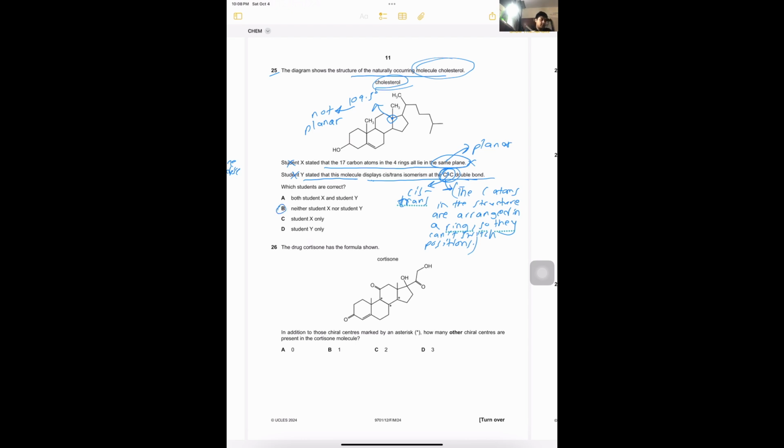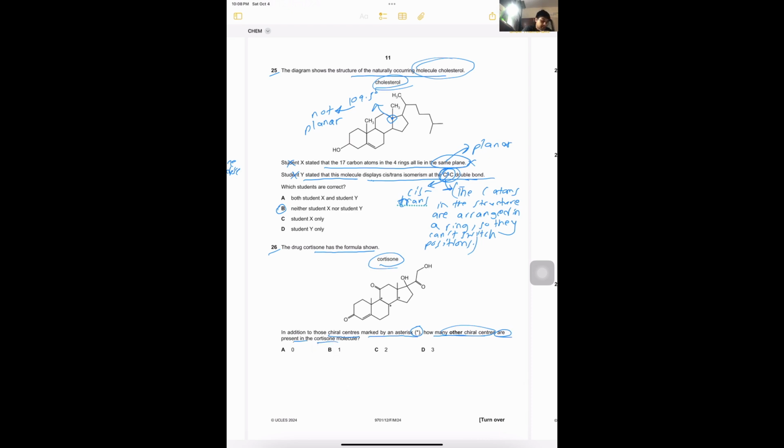So now we'll see question 26. The drug cortisone has the formula shown. In addition to those chiral centers marked by an asterisk, how many other chiral centers are present in the cortisone molecule?